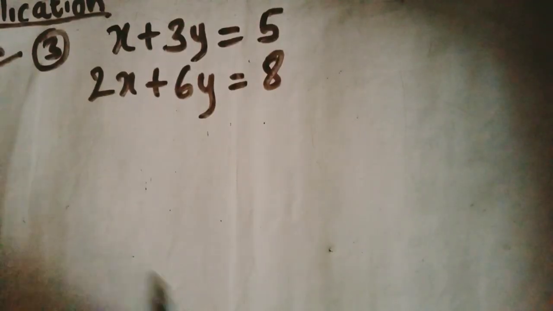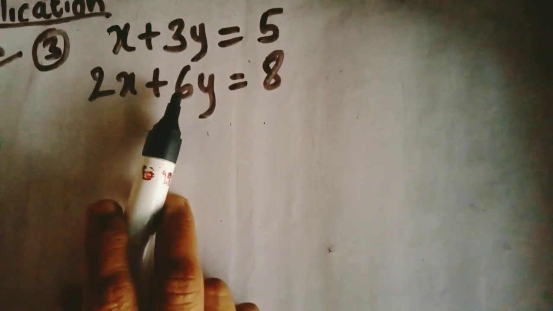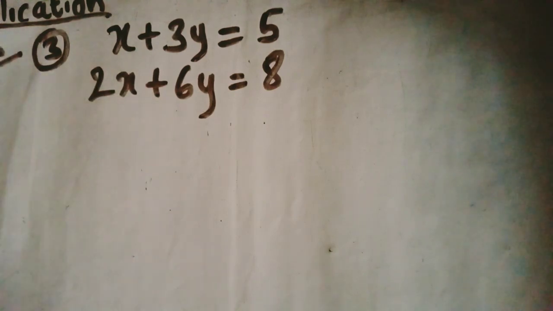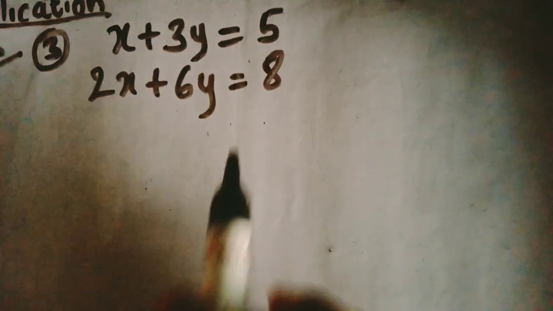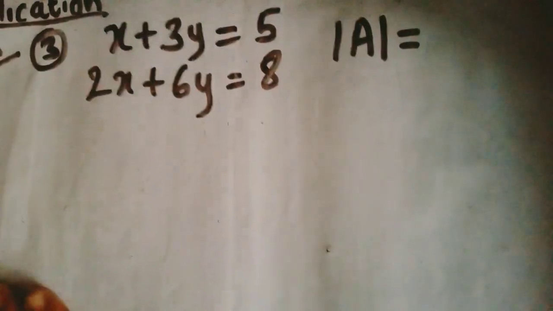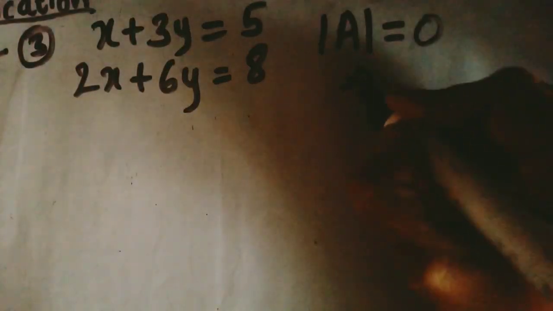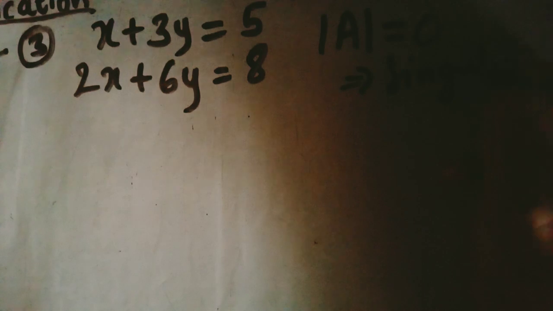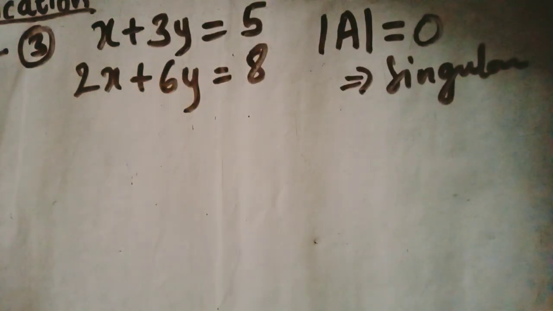Looking at these numbers, you will understand that the determinant is coming equal to 0, that is, the matrix is singular. So don't get confused: determinant of A equal to 0, it is singular. So for that you have to find the adjoint of A into B multiplication, which will tell you whether the system is consistent or inconsistent.